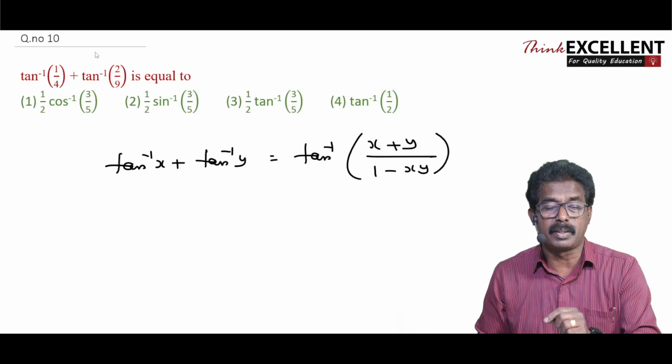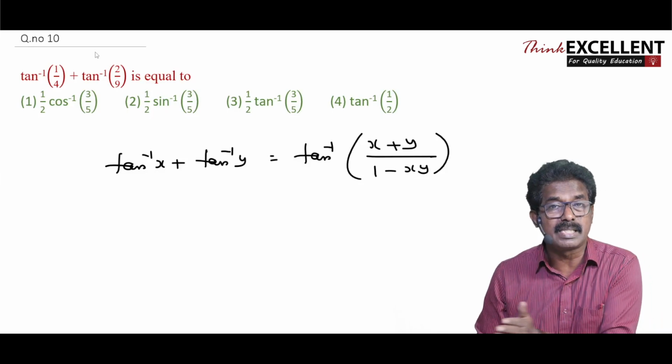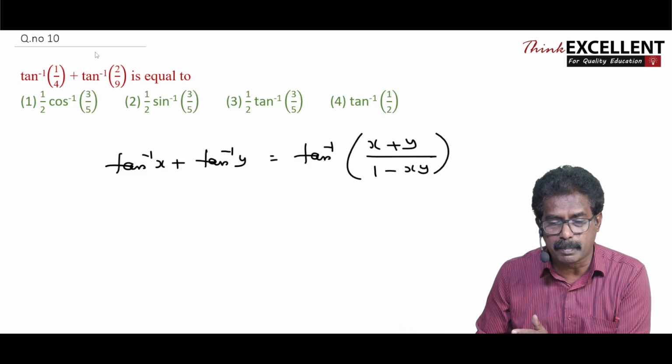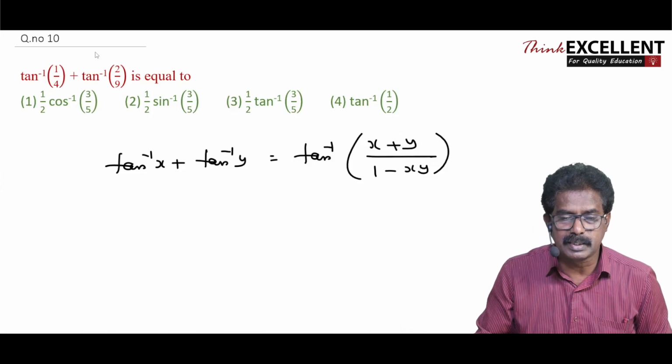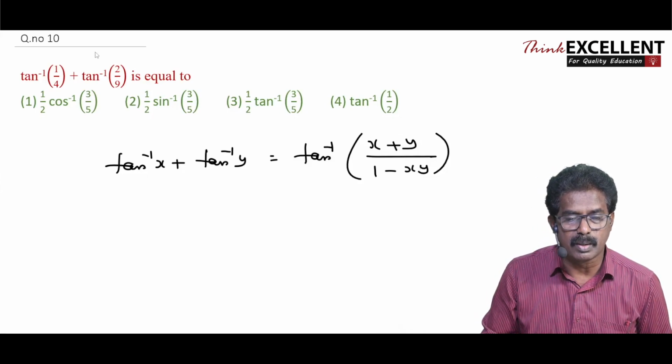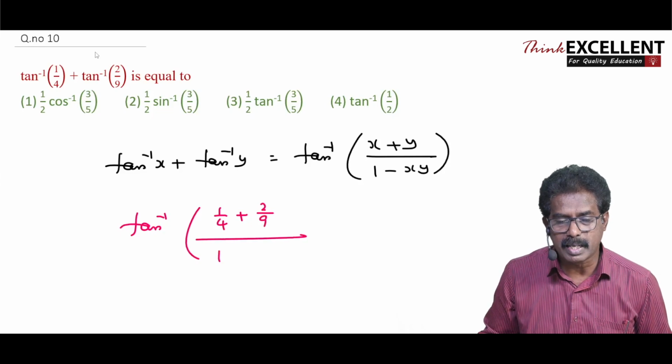Like that another property: tan inverse x minus tan inverse y is tan inverse of x minus y by 1 plus xy. This becomes minus and this becomes plus. Okay, here tan inverse x plus tan inverse y. Instead of x we have 1 by 4, for y 2 by 9. So your answer is tan inverse of x 1 by 4 plus y 2 by 9 by 1 minus x into y, 1 by 4 into 2 by 9.